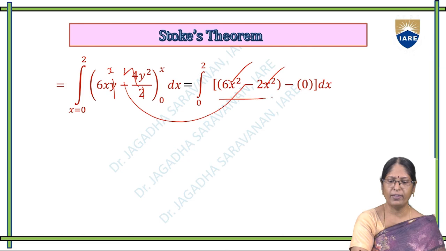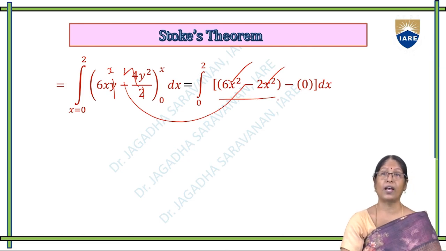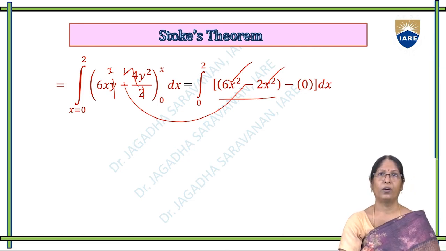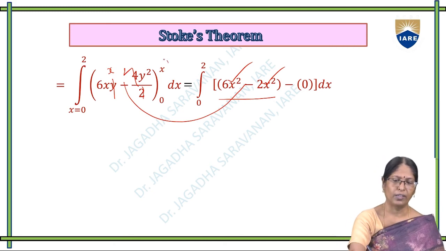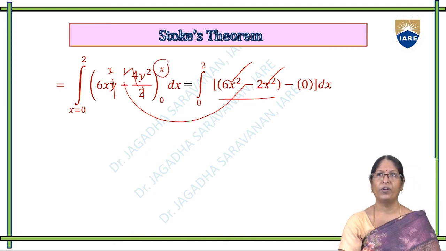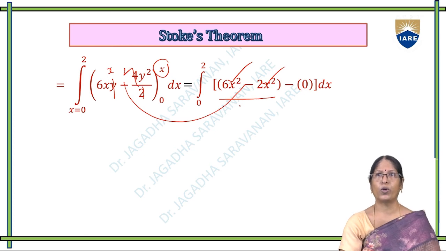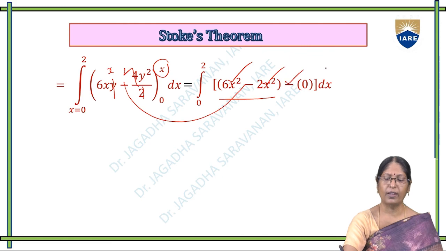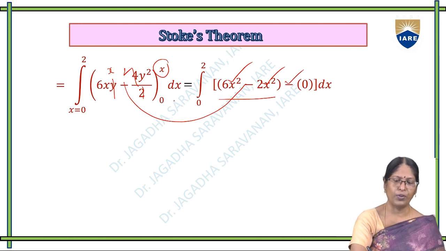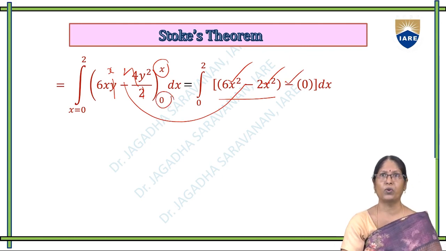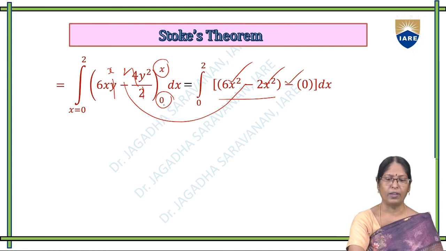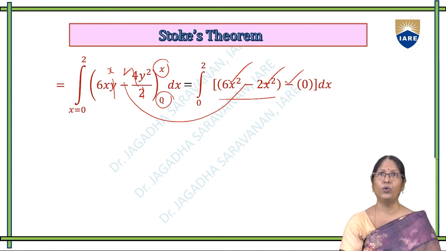For the upper limit, replacing y by x, we obtained 6x square minus 2x square. We are now going to substitute the lower limit value 0 in place of y.